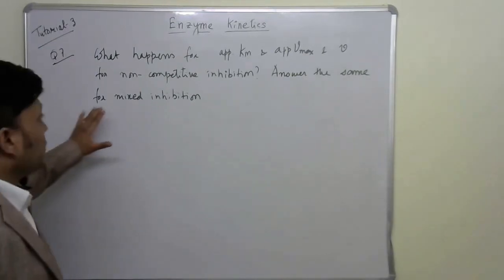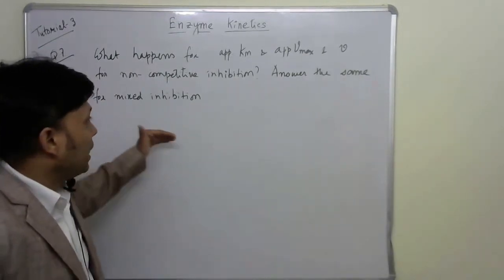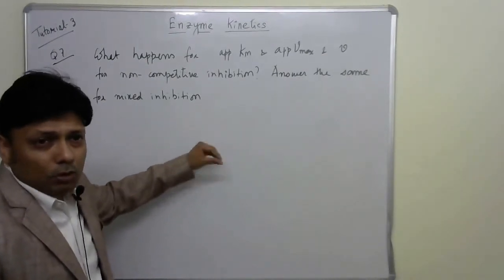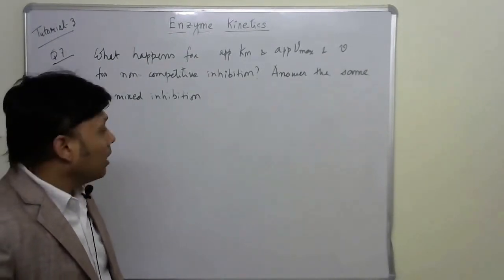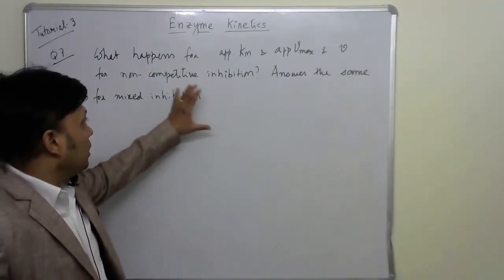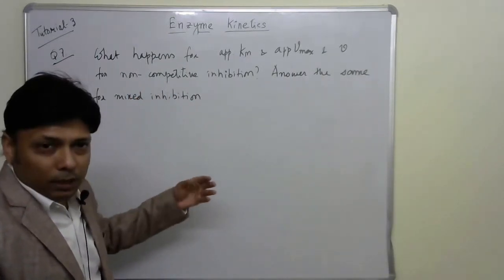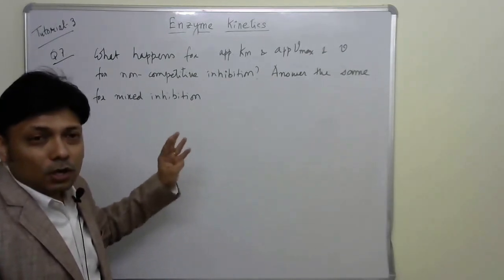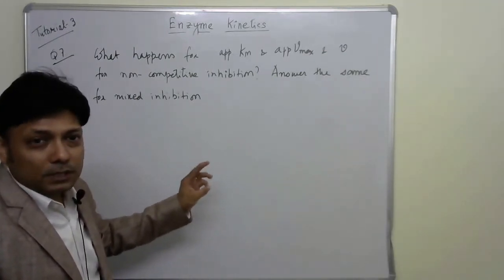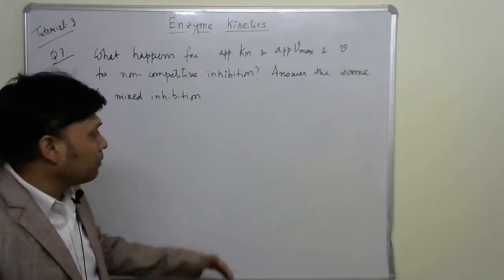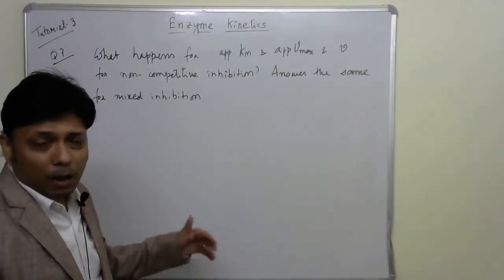And answer the same for the mixed inhibition. So did we answer this for the mixed inhibition, or do you have some doubts? Anyway, in order to remember all these parameters, things have become a bit complicated. We have no inhibition, competitive, uncompetitive, mixed, and non-competitive inhibition. We have so many parameters, apparent Vmax and apparent Km.